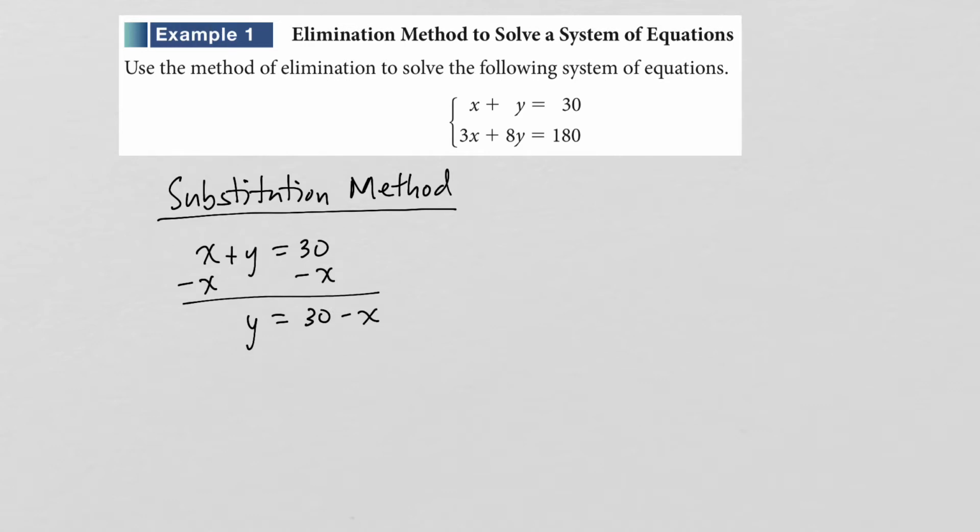Now from here, I take the second equation, and I'm going to take the expression 30 minus x and substitute it in for y in the second equation, because y is equal to that. If I do that, I get 3x plus 8 times y, which is replaced by 30 minus x, is equal to 180.